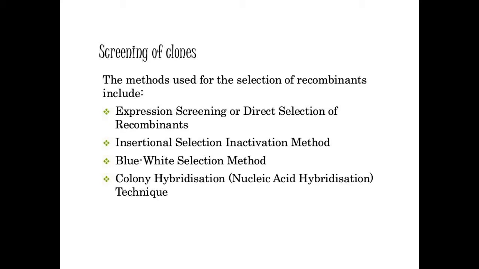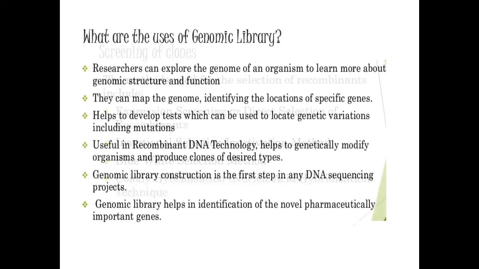It can be done by insertional inactivation, in which, say for example, a particular antibiotic resistance gene has been disrupted due to the insert, so the clone will no longer have resistance to that antibiotic. Or the blue-white selection method can be used, because it will give a blue color or it will not produce a blue color depending upon the insertional inactivation. And one of the most preferred methods for genomic library screening is colony hybridization.